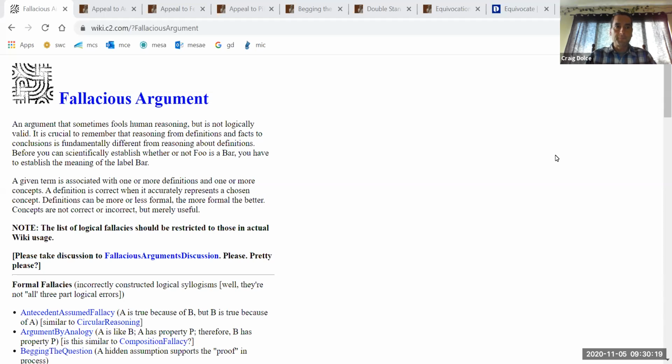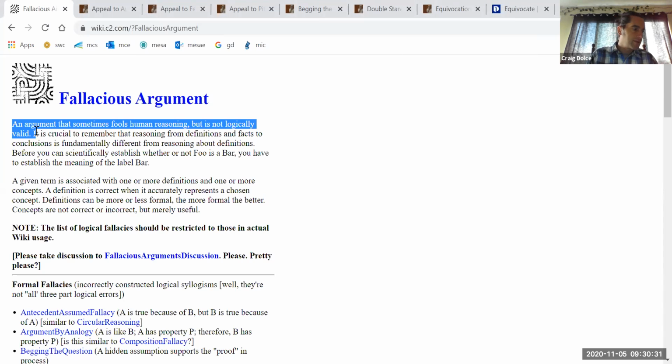What is your claim? So when people make fallacious arguments, they're making arguments that sometimes fool human reasoning, but are not logically valid. The book says, on page 123, an argument that is persuasive, but does not logically support its conclusion. I can't help but think of Lady Macbeth.